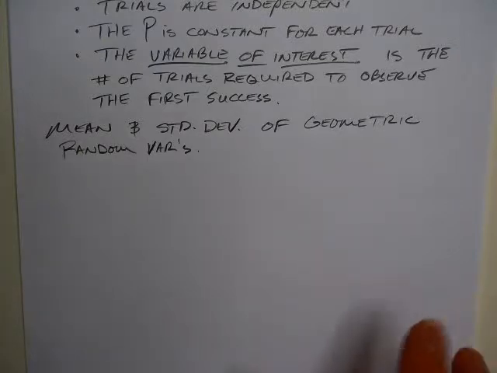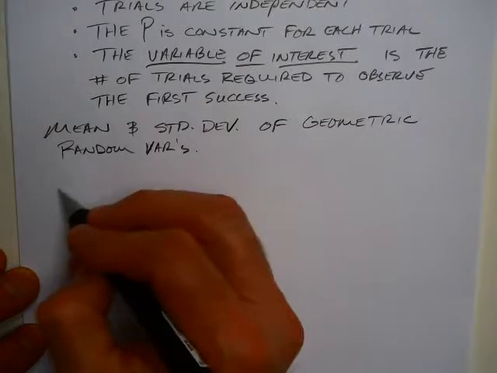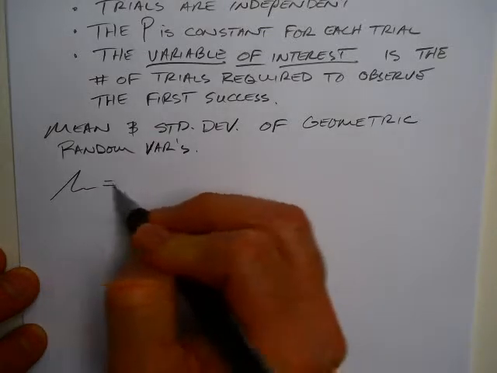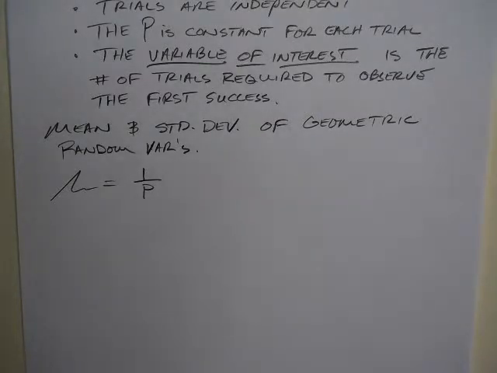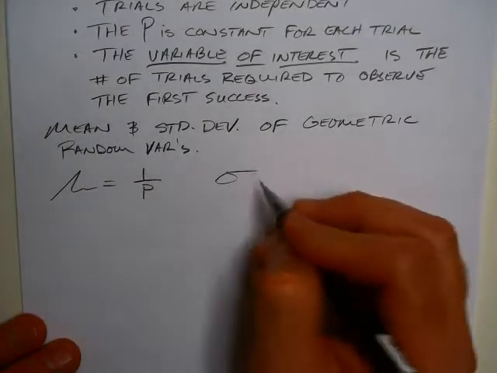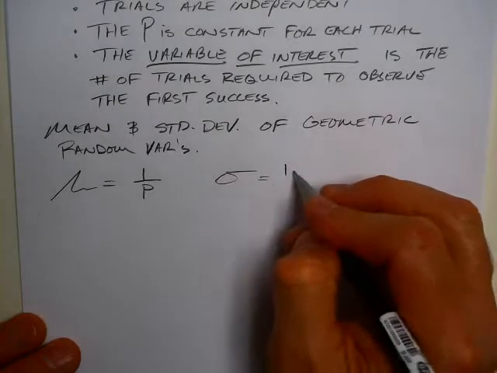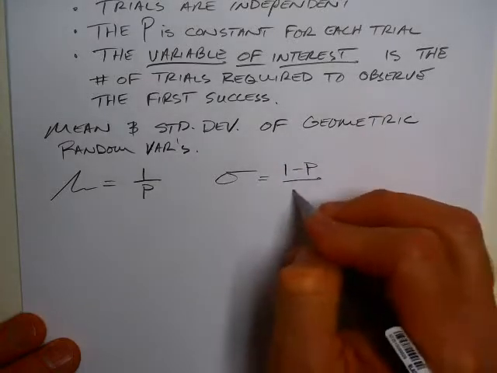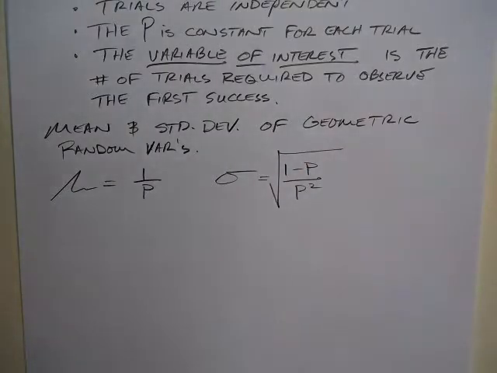Again, not something you'll find in your calculator, but something that's fairly easy to do, fortunately, kind of like the binomial. Mu is simply 1 divided by p. And standard deviation, sigma, is 1 minus p divided by p squared, and you take the square root of that whole thing.